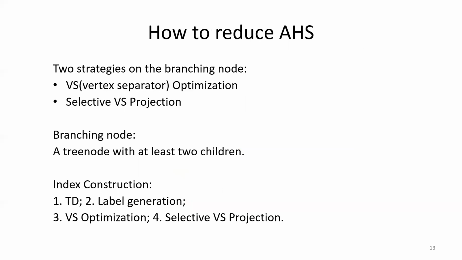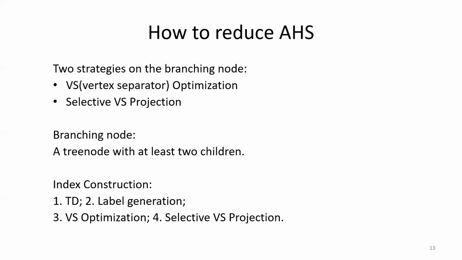Our target is to speed up the query, so we need to reduce the average hop size. We propose two strategies on the branching nodes: the vertex separator optimization and the selective vertex separator projection.